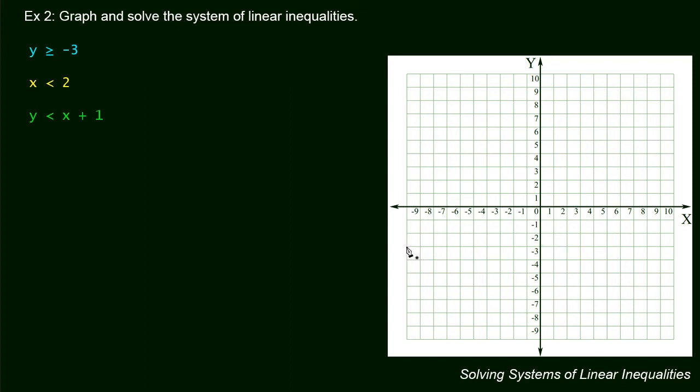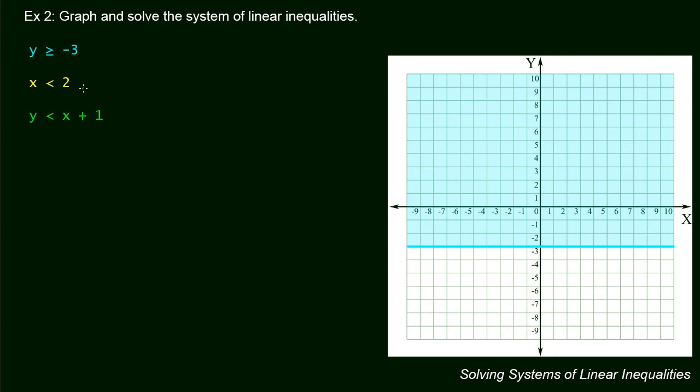It is also going to be a solid line because it is greater than or equal to. Since y is greater than or equal to negative 3, I am going to shade this region above my line. I'm now going to graph the line of y is less than 2.